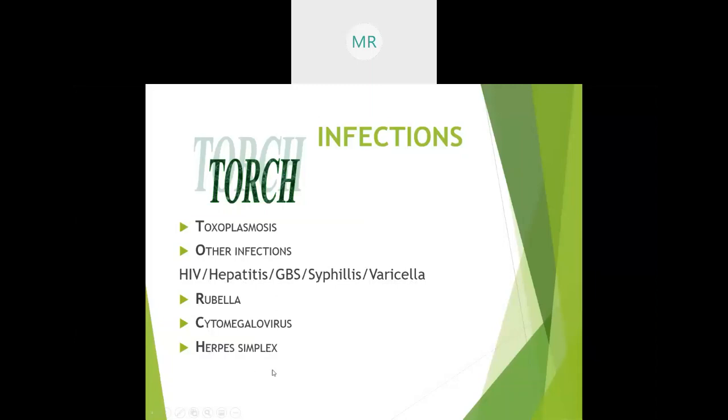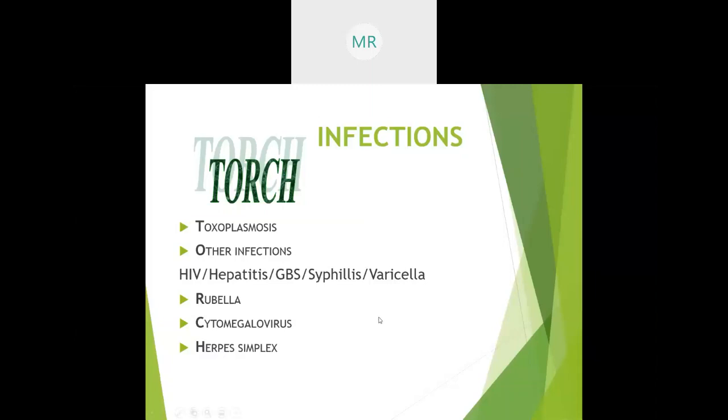Now, the definition of TORCH infections: this is a group of organisms that cross the placenta and affect the development of the fetus.